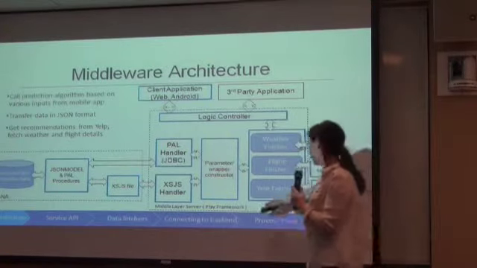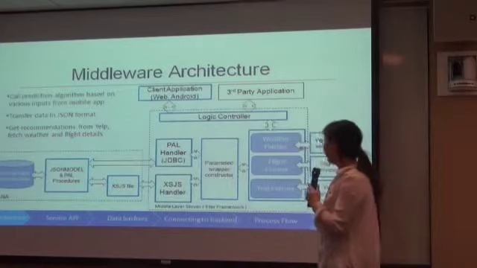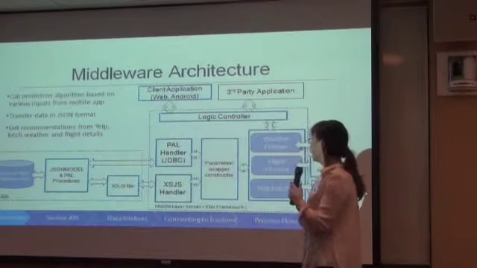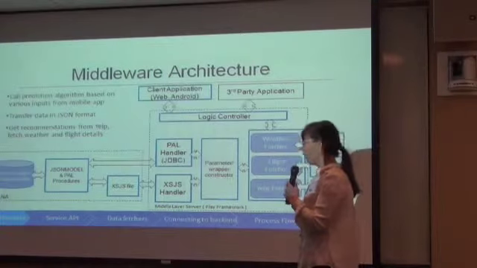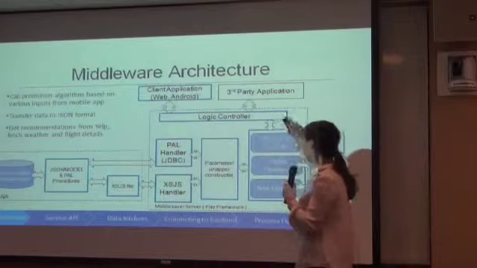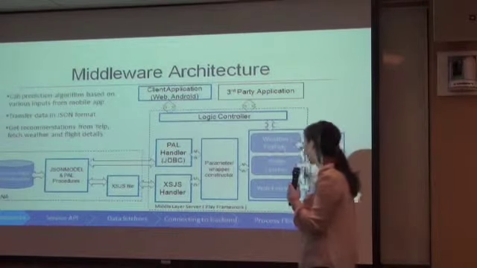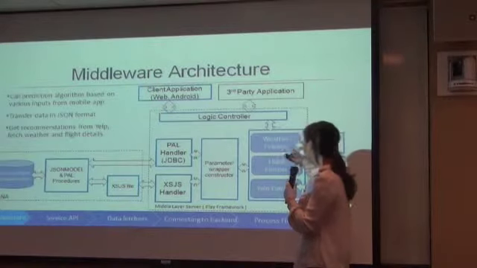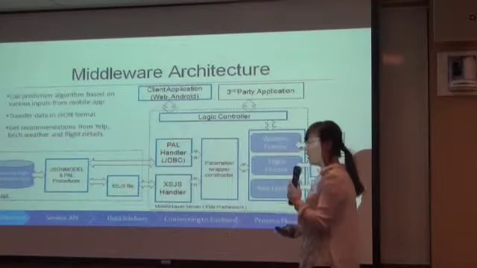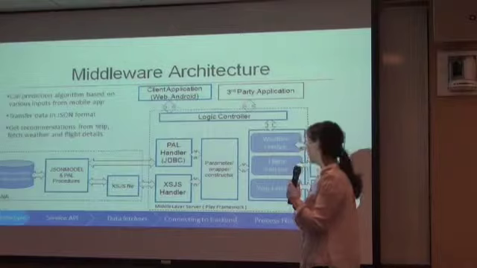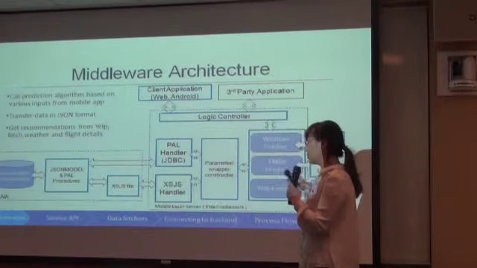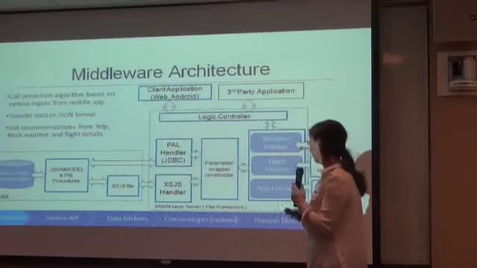So this is the middle layer architecture, and first when the request comes, there is a logic controller, and it will first parse the parameters, and it will call those three features. The reason why we are using those features is that we are using the weather feature to get the departure airport and arrival airport forecasting data, weather data, so that it can give a user a better overview of what's going on.